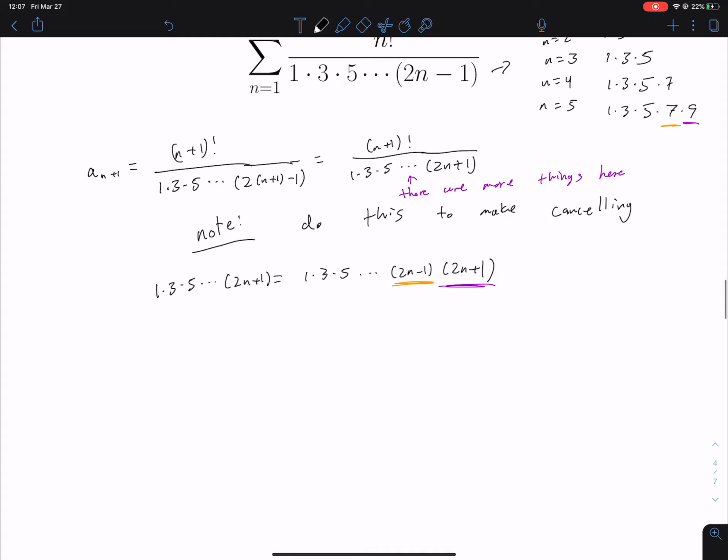So I have the limit as n goes to infinity, absolute value of an plus 1 over an.